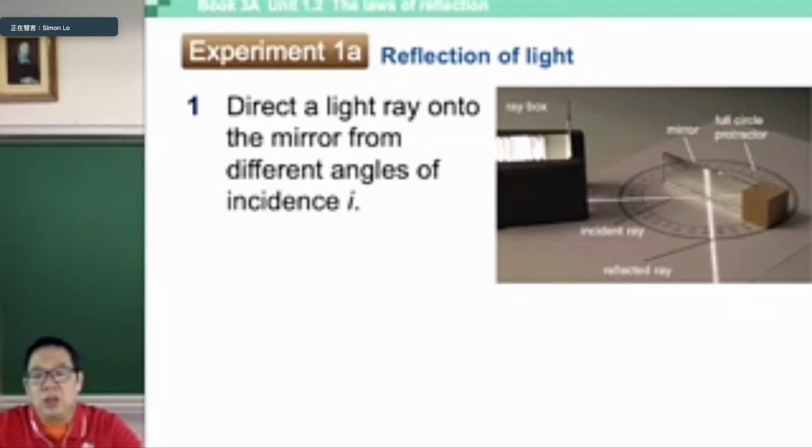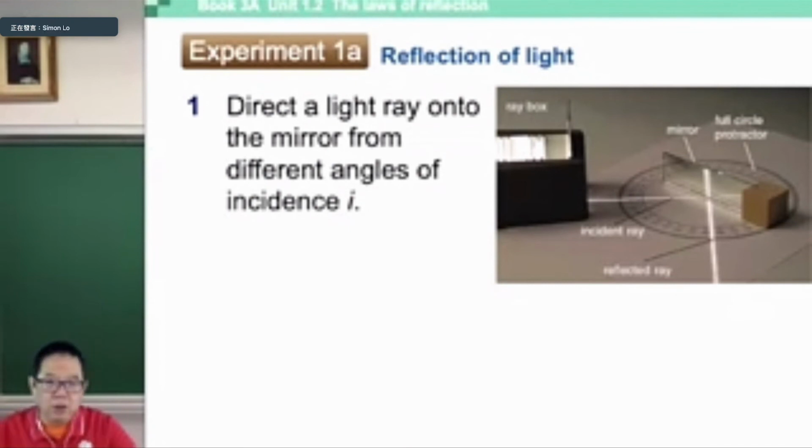Now you can see the light ray hit the mirror, and the point it hits should be the center of the full circle projector, so that the incident ray passes along a radius of the projector and hits that point, and you can see the reflection clearly.